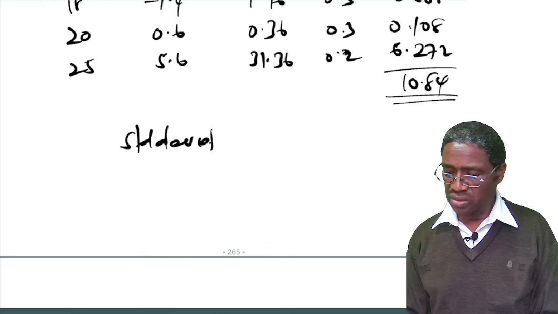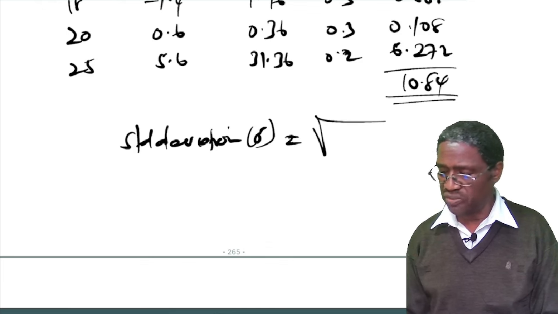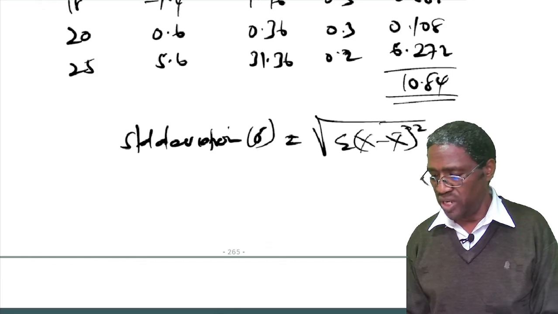Standard deviation, theta, is the square root of the summation of X minus X bar, everything squared, times the probability.